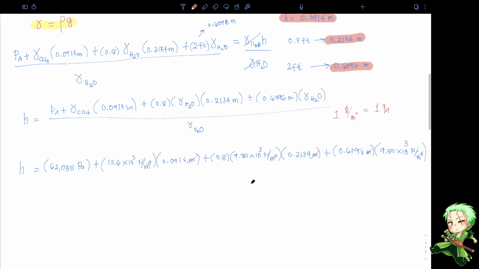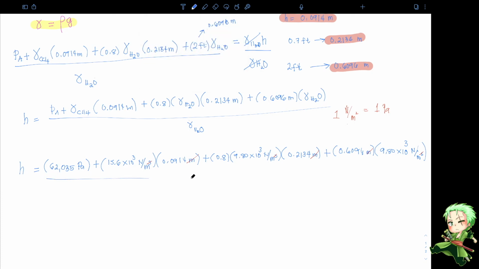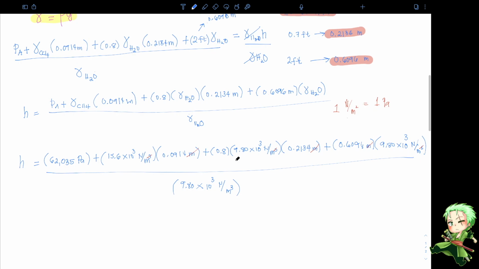Okay, so let's continue with our denominator. For our denominator, that is just the specific weight of water, and we know that to be 9.80 times 10 to the power of 3 newtons per cubic meter. Let's skip first the numerical value, but let's try to look into the units.